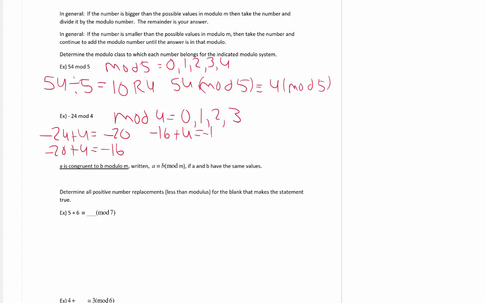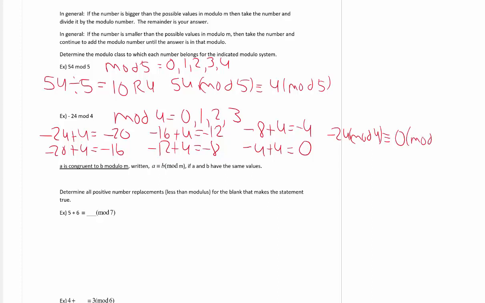Add another 4, nope. Add another 4, nope. Add another 4, still doesn't work. And finally, when I add it again, I get 0. So negative 24 is congruent to 0 mod 4.